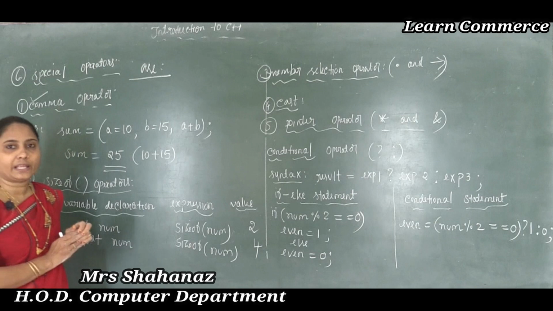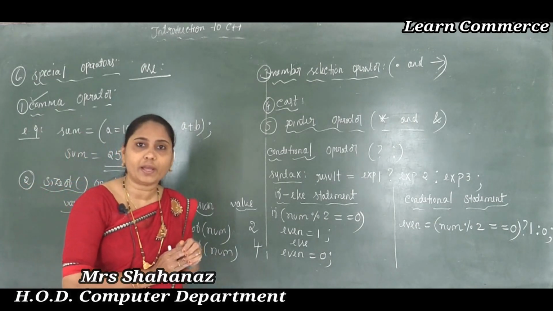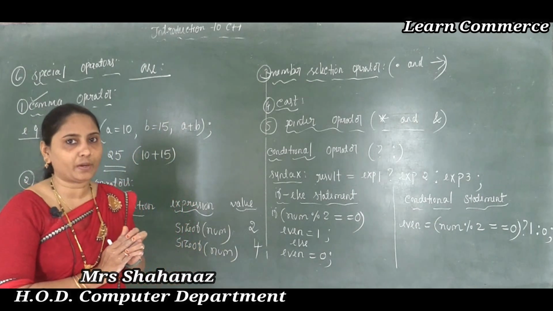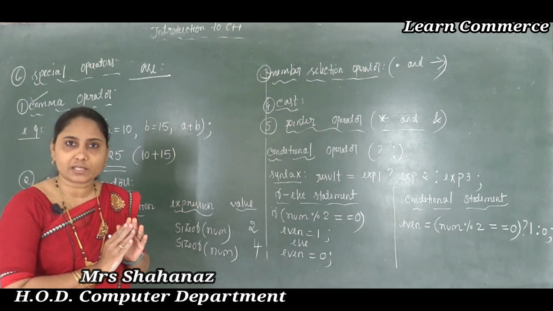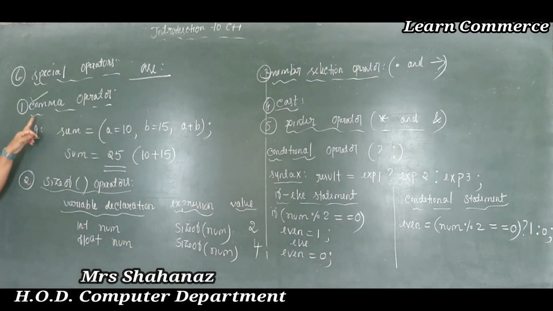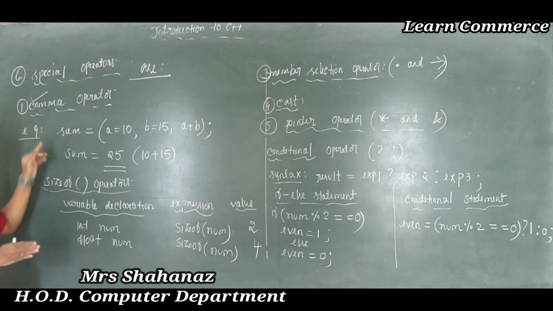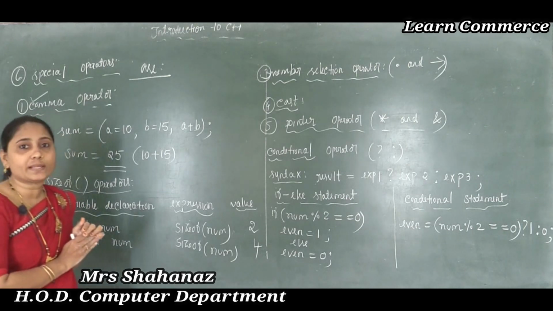But if you want to use more than one variable, then such variables are separated by commas. So the comma operator is used to link related expressions together. A group of expressions separated by commas is calculated from left to right, in sequence.